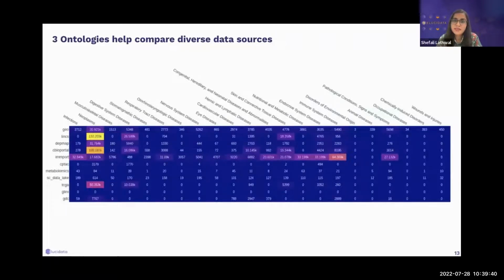So here I'm showing 11 different data sources where we have used MeSH disease ontology to standardize the disease metadata. And because we are now using the same vocabulary for disease in each of these sources, which otherwise were generated completely independently and don't talk to each other, we can now put them all together and see which diseases are overrepresented or underrepresented in which source.